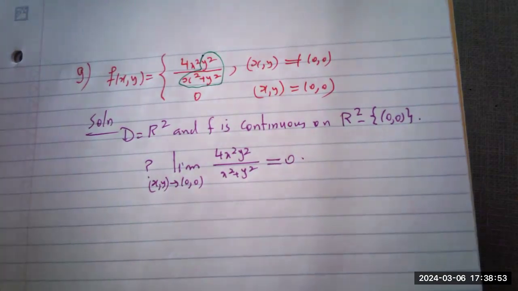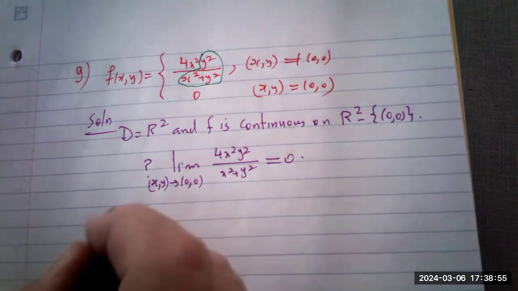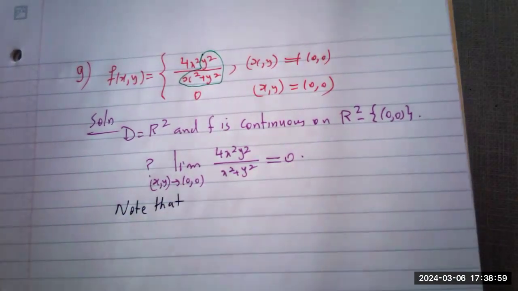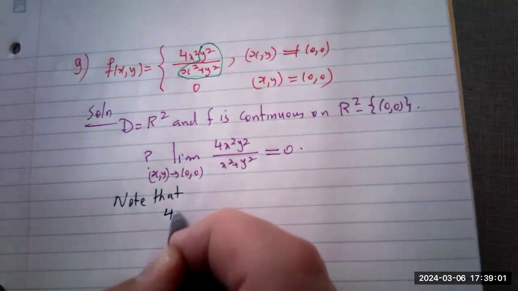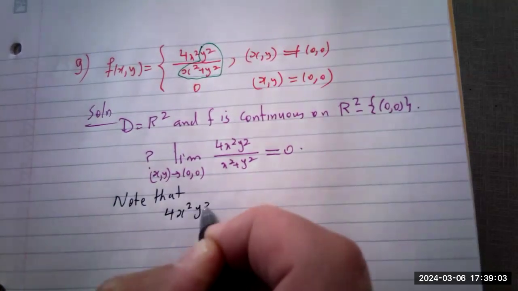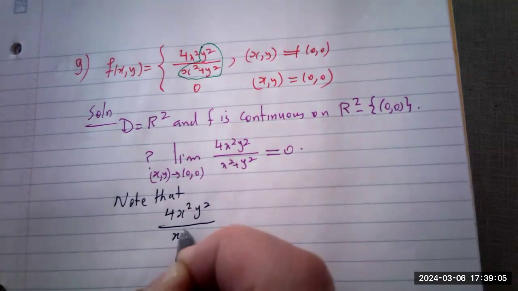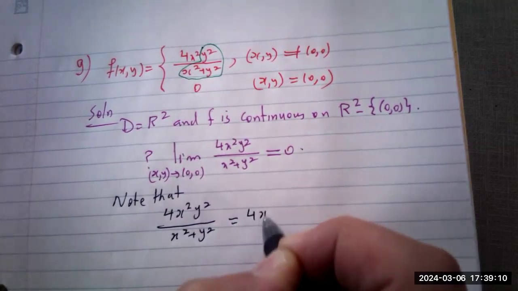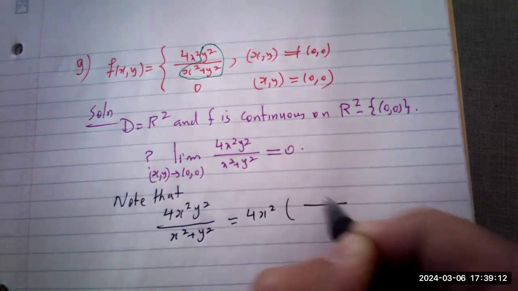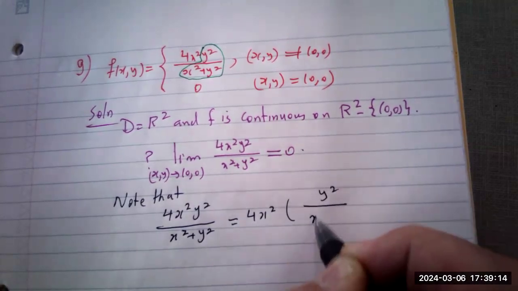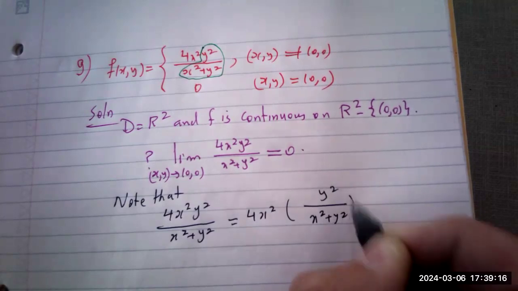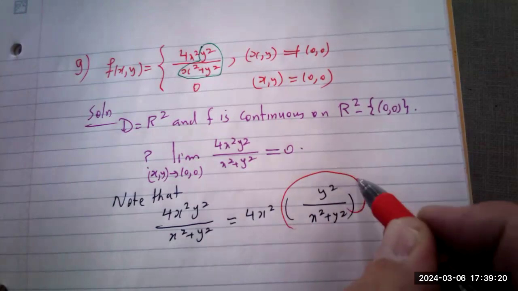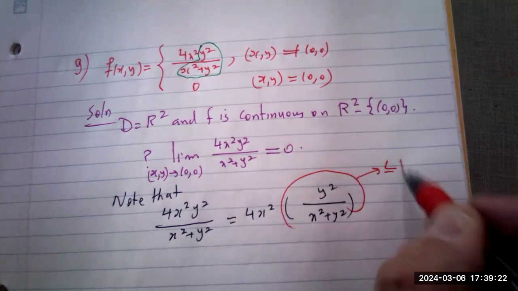Note that you can rewrite 4x squared y squared over x squared plus y squared. You pull out the 4x squared, the leftover is y squared over x squared plus y squared. But we did this several times, that this is less than or equal to 1.